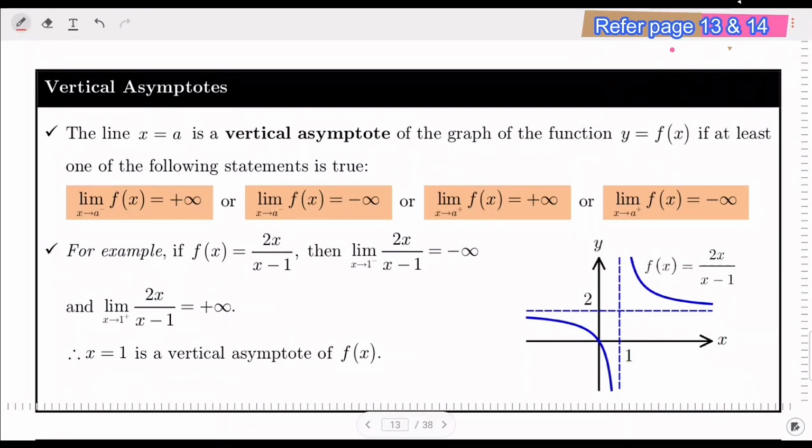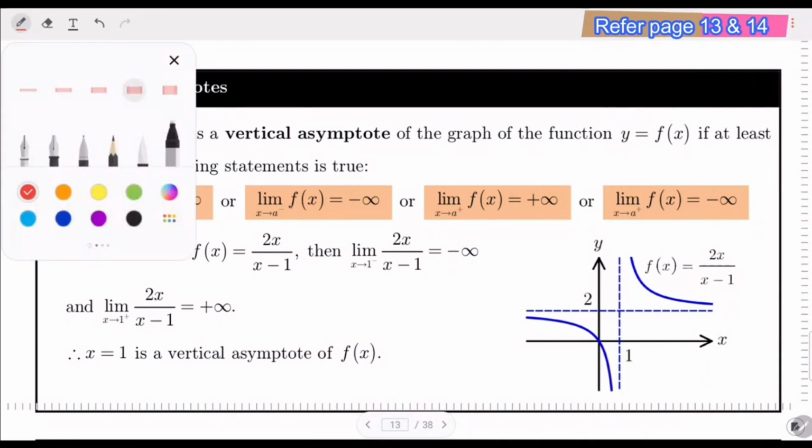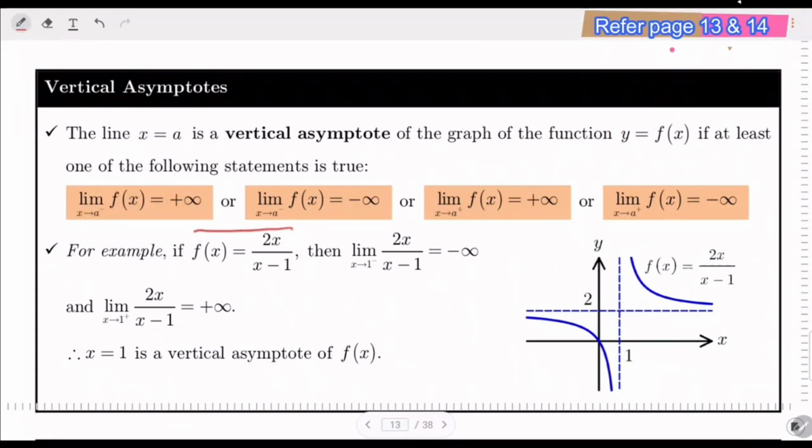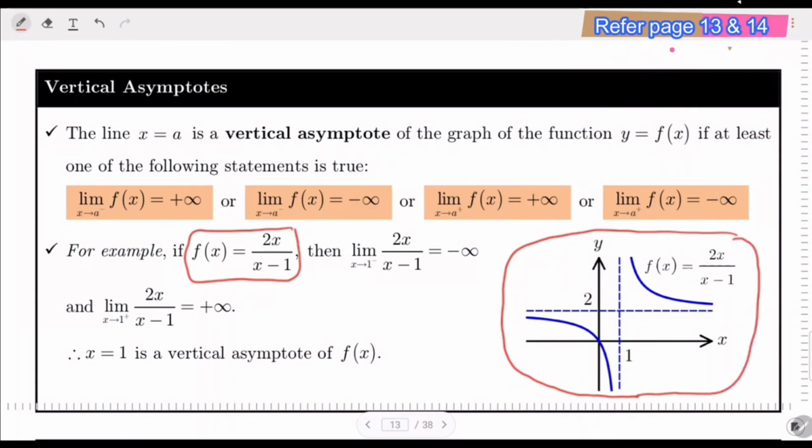For example, if we have a function 2x over x minus 1, then if we draw the graph, it will look like this. This is the graph of the function 2x over x minus 1. It is actually a reciprocal function.